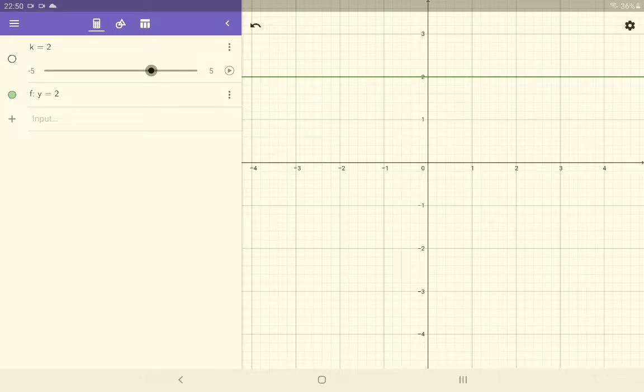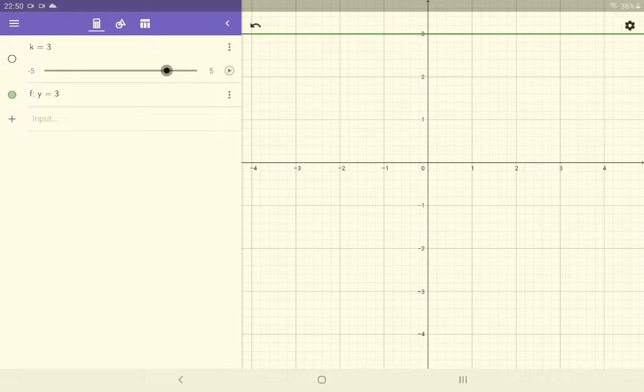If I plot k as 3 here, what is the range for k equal to 3? It's 3 only.